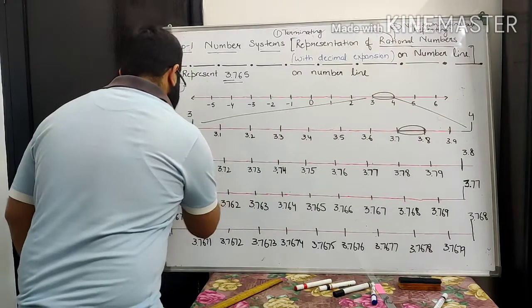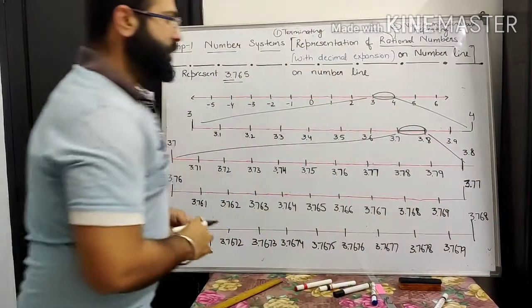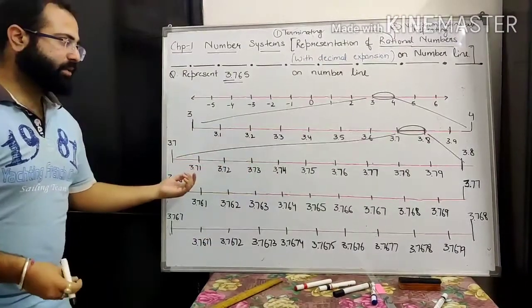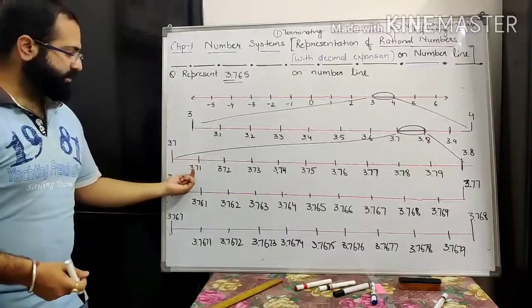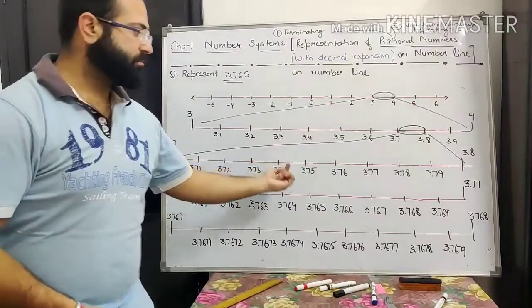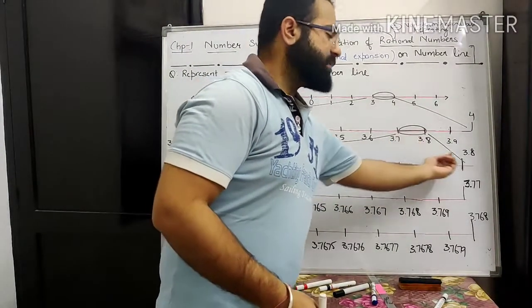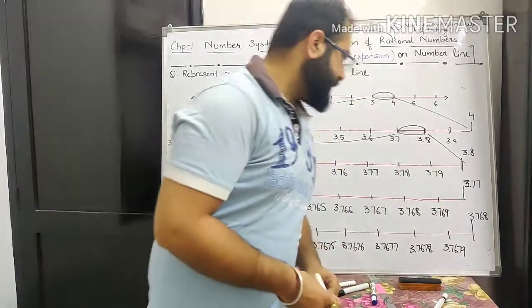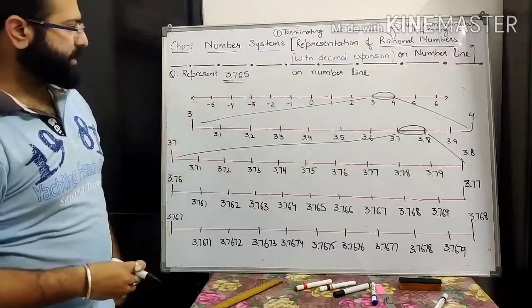So on magnification, you will get again 10 equal divisions. They will be like 3.7 and then 3.71, 3.72, 3.73, 3.74, 3.75, 3.76 and so on till 3.79, and last will be 3.8.